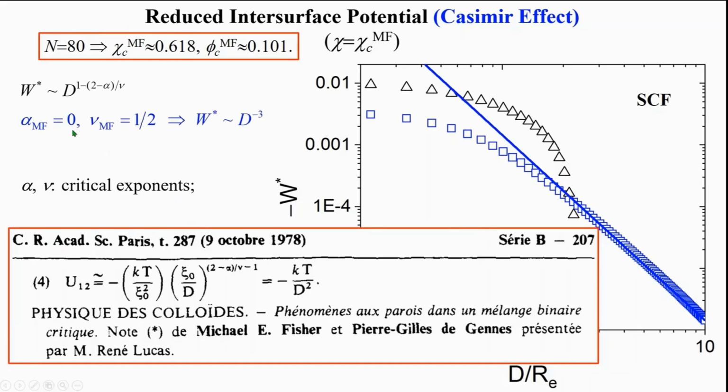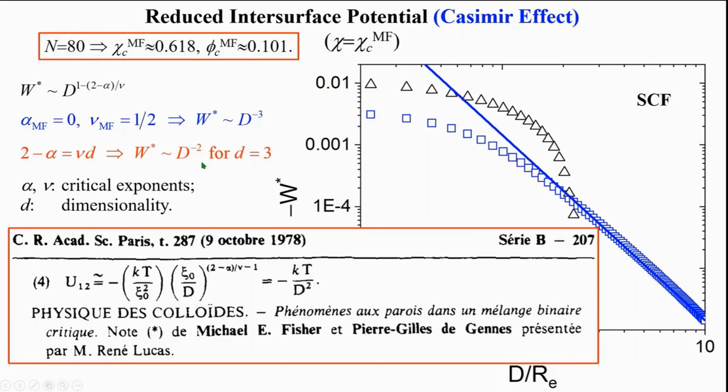The mean field theory gives alpha equal to 0 and nu equal to 1/2, thus the -3 power law. On the other hand, if we use the hyperscaling relation 2 minus alpha equal to nu times d, with d being the dimensionality, we should find the -2 power law in Monte Carlo simulations at the critical point.